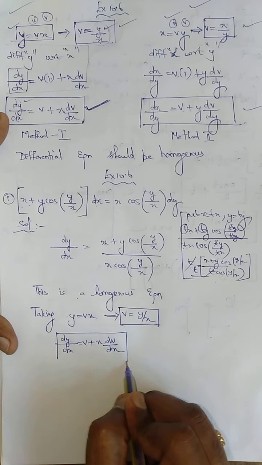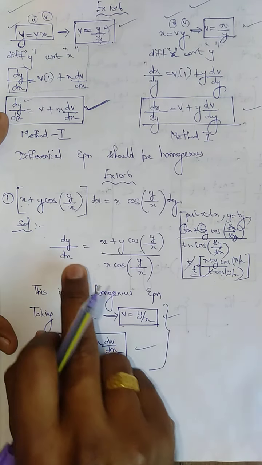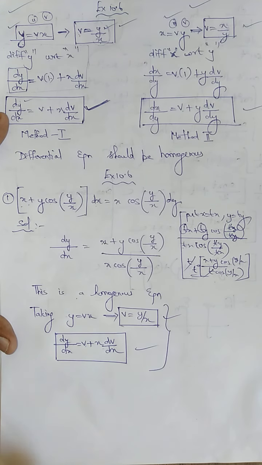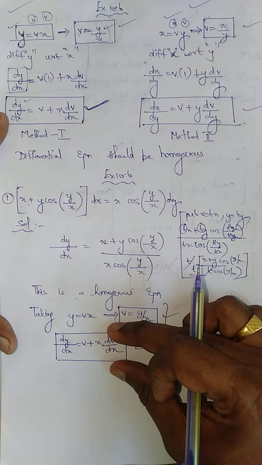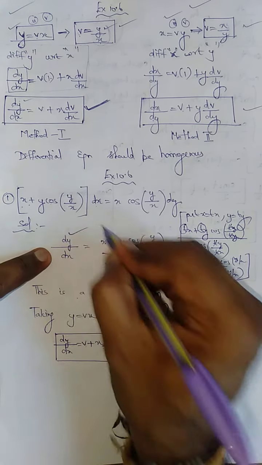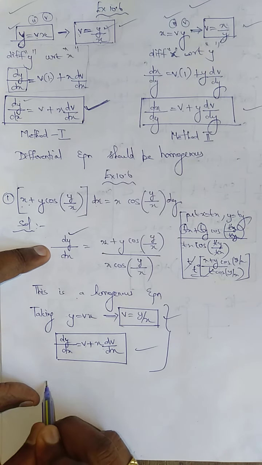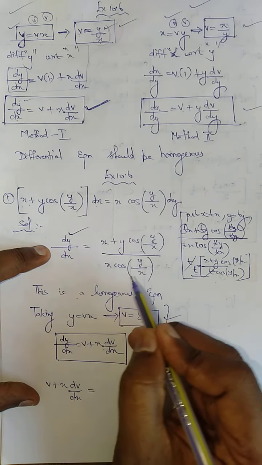This is very important. You should apply both of these here: v equals y by x, and dy by dx equals v plus x dv by dx. What is dy by dx? dy by dx is nothing but v plus x into dv by dx, which is equal to, what is x?